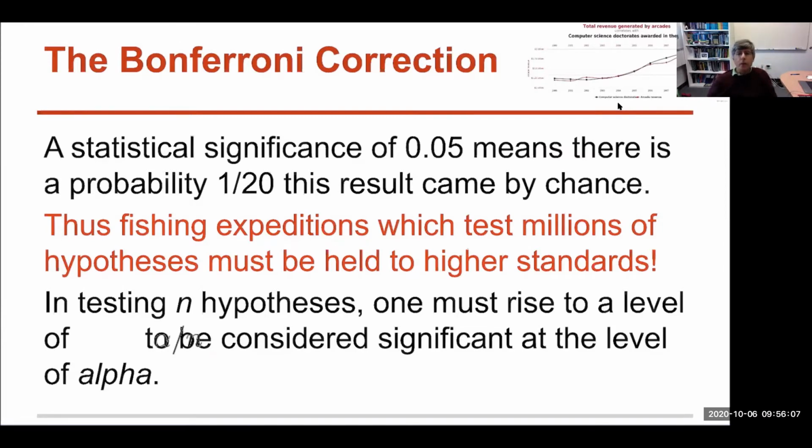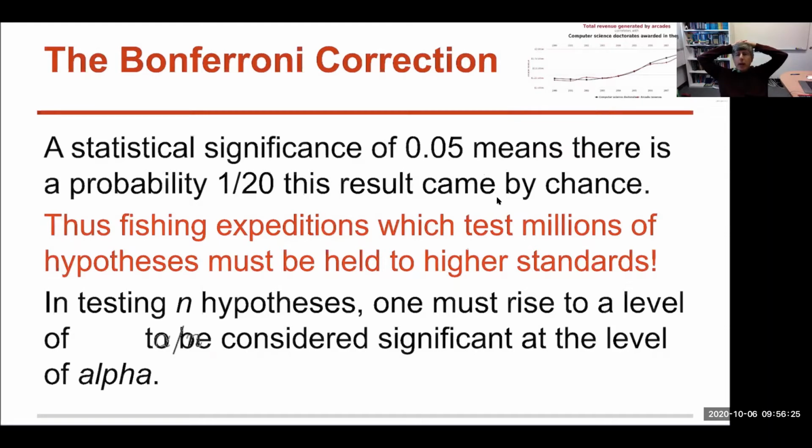Because if you had a 1 in 20 chance of a result this strong coming up by chance, if you do millions and millions of comparisons, you're going to get 1/20th of them showing things as strong as this, okay?